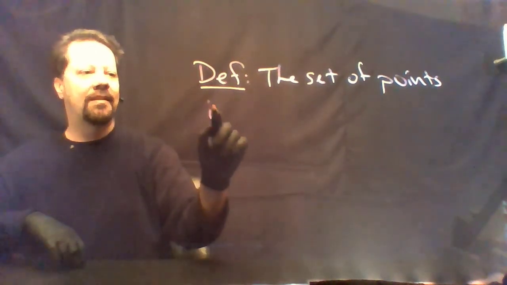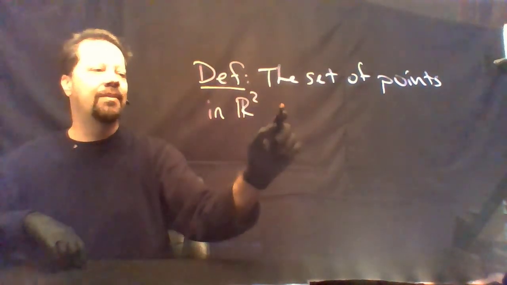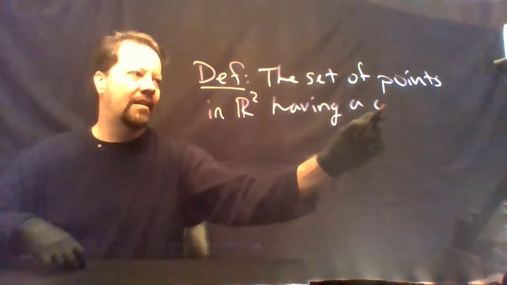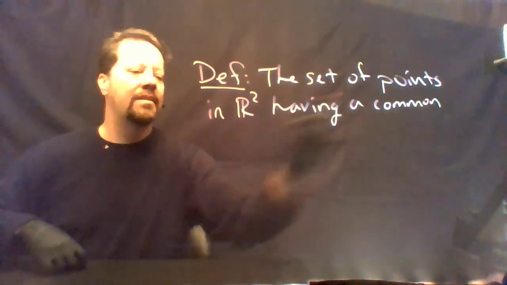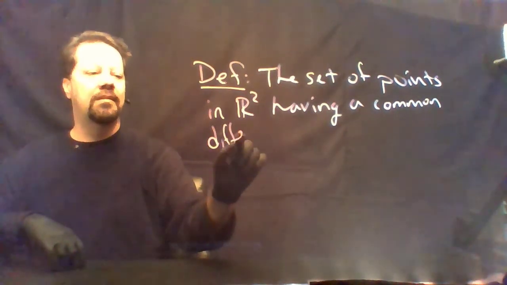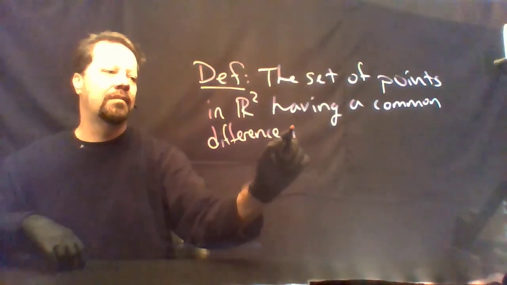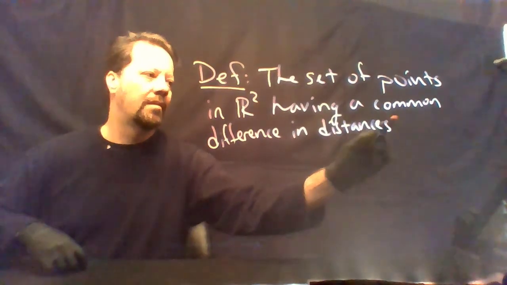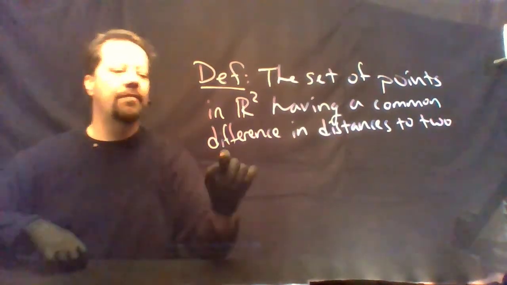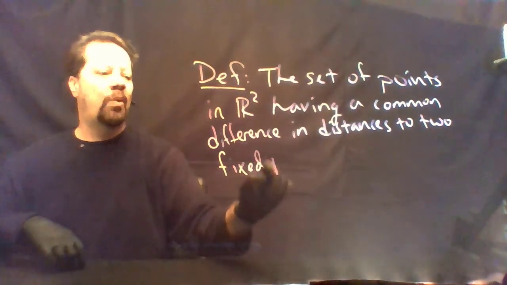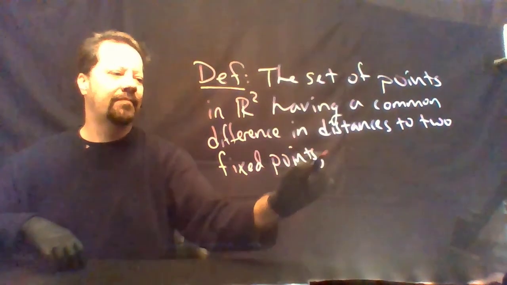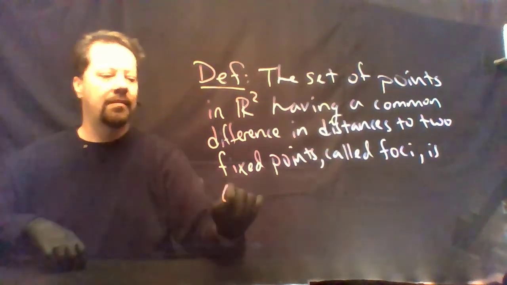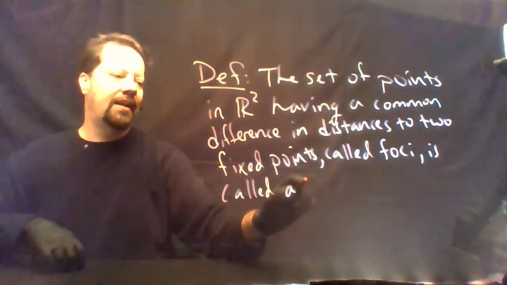The set of points in the plane R2 having a common difference in distances to 2 fixed points called foci is called a hyperbola.